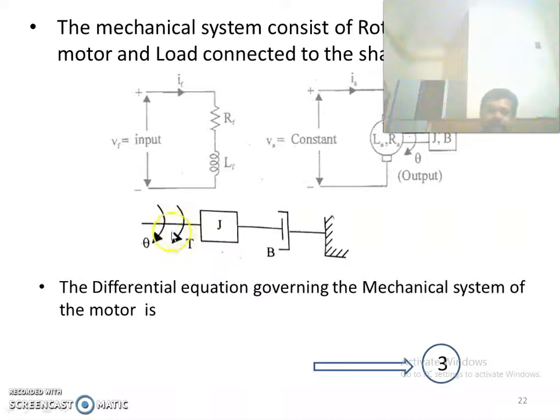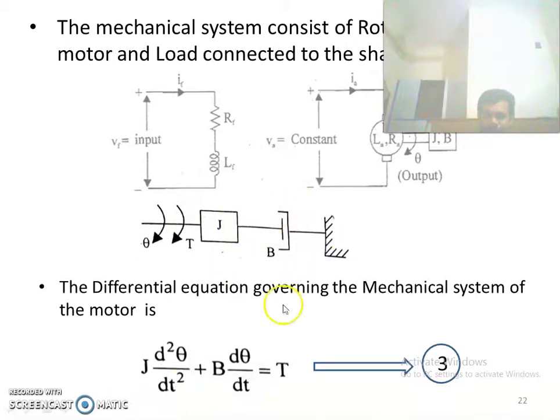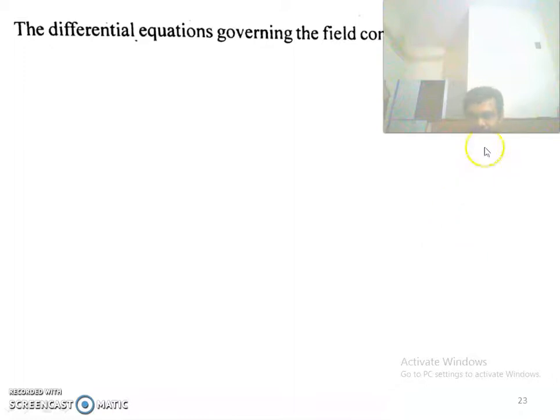T is the applied torque and theta is the angular displacement due to this applied torque. J is the moment of inertia and B is the frictional coefficient. So, the differential equation is J into d square theta by dt square plus B into d theta by dt is equal to T. We can take it as equation 3.